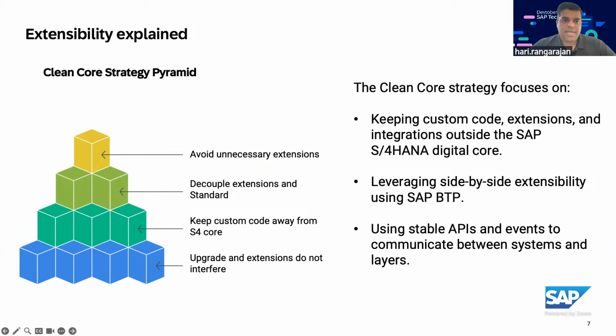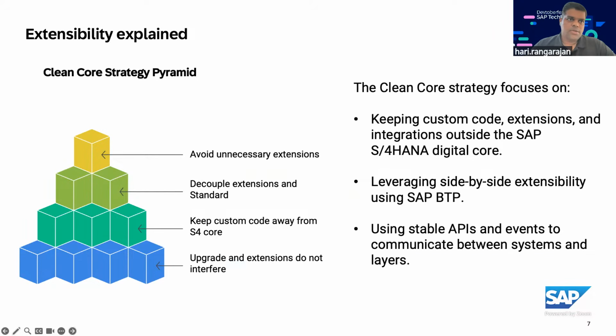You can apply these same concepts and principles to ECC landscapes as well. Leverage side-by-side extensibility using SAP BTP and advanced event mesh. Use stable APIs and events to communicate between systems and layers, right? All of these essentially come down to making sure that upgrades and extensions do not interfere with each other, right?